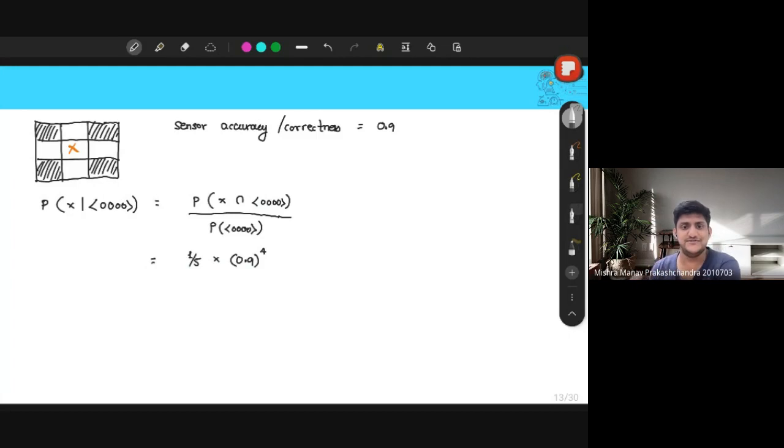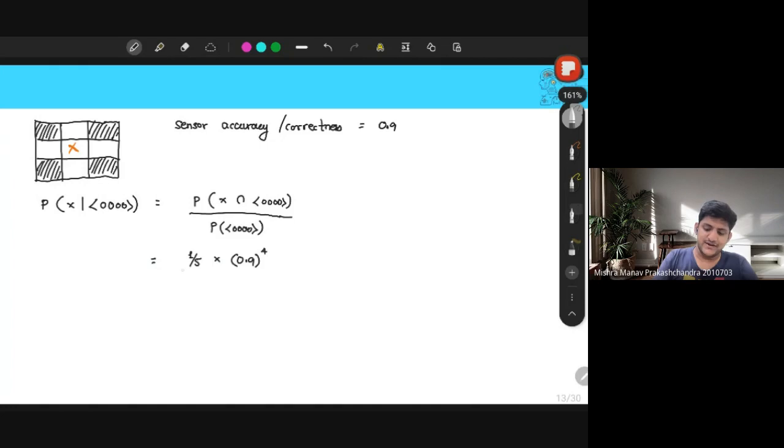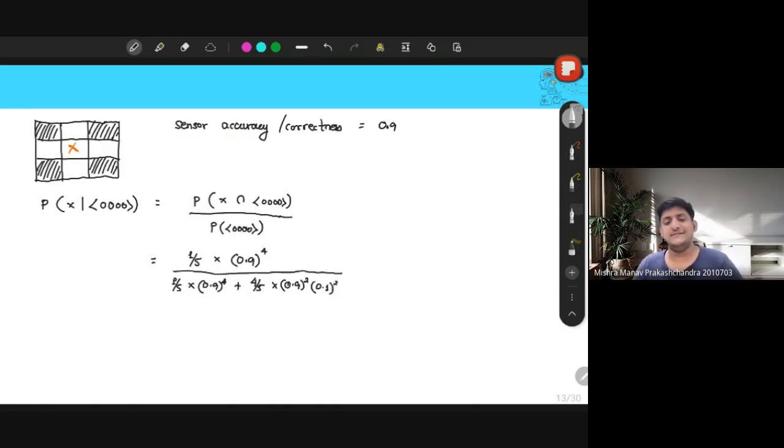Divided by the probability that we get the reading 0, 0, 0, 0. One option is I am at the location marked X and all my sensors fire correctly. Or secondarily, I can be at the remaining 4 by 5 positions where two sensors fire correctly, but two sensors misfire, meaning they give wrong results. That is also a way of me getting the observation 0, 0, 0, 0.